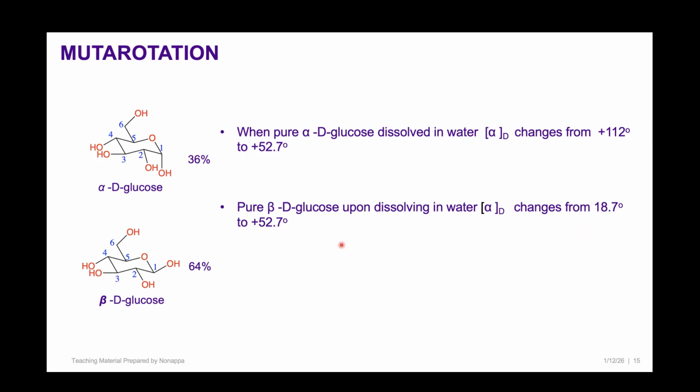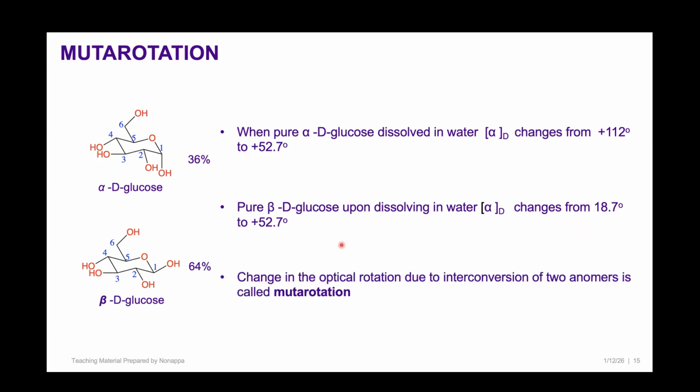What we see here is that both of the pure forms, when they dissolve, ultimately give the same value of optical rotation. This change in the optical rotation is due to the interconversion of their forms. That means when you add them into water, they transform slightly into the open chain, which leads to interconversion from one form to another until they reach equilibrium.